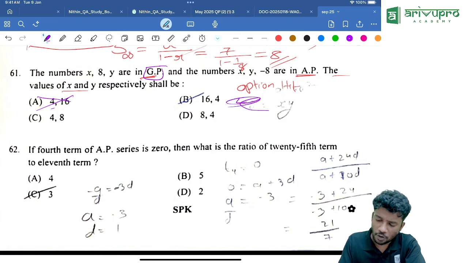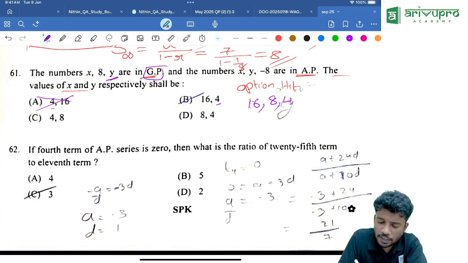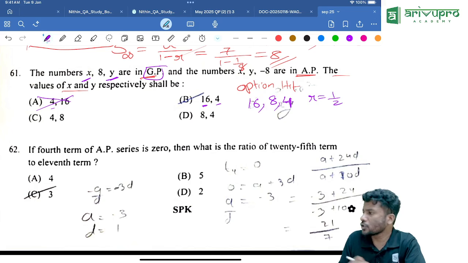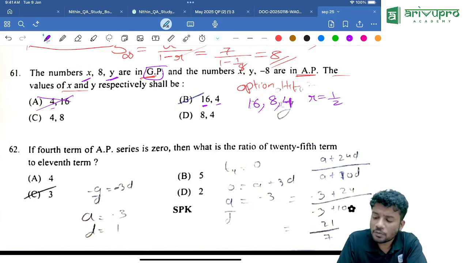Now we will check option B. That is 16, 8, then what? 4. Instead of y we are putting 4, instead of x we are putting 16. Are they in GP? Yes, the common ratio r is equal to 1 by 2. Next, we need to check whether they are in AP.